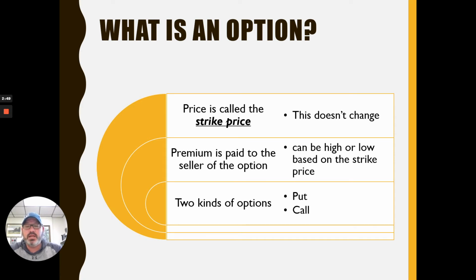So again, there's two kinds of options, a put or a call. A put would be purchased by an individual that has the commodity to sell. A call would be purchased by an individual that needs to buy that commodity. And likewise, both of those individuals could sell those things.